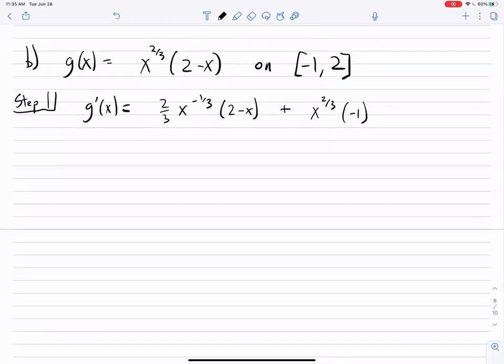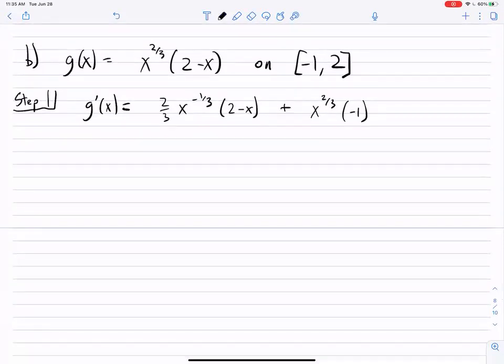We probably want to simplify this a little bit. Well, let's just set it equal to 0 and solve.